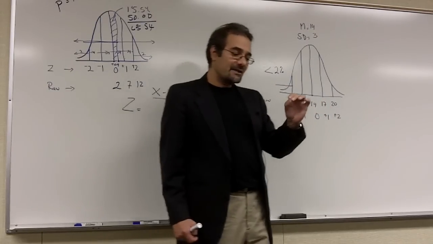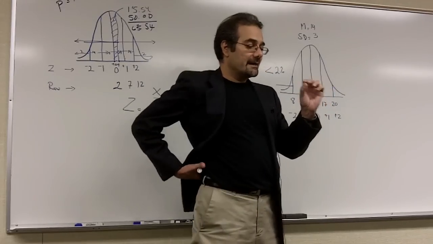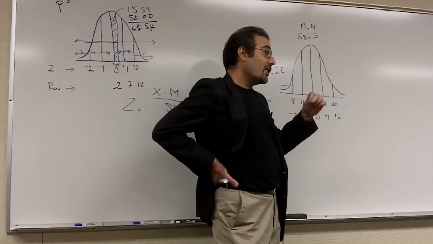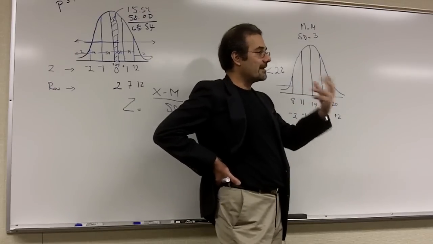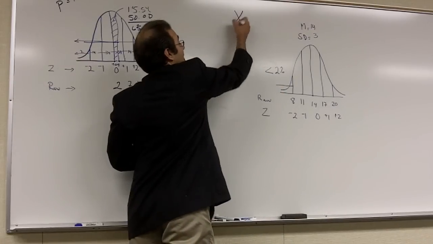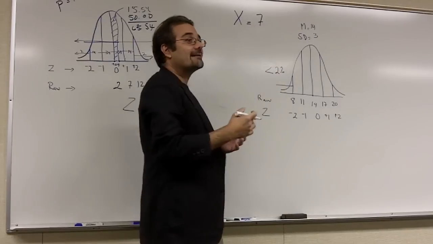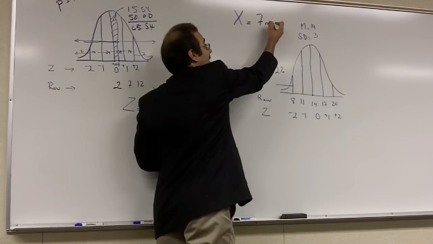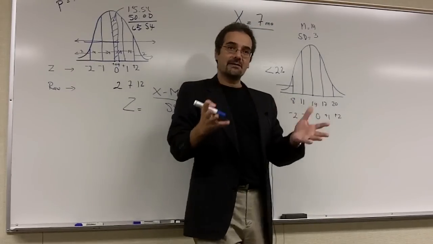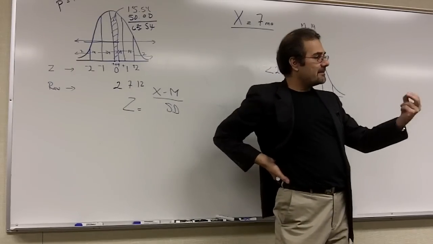But the question is, what is the probability of getting such a score, whatever it is? Let's say the score of that single baby, X, was that he actually walked at the age of 7 months. So we've picked a baby from a population.